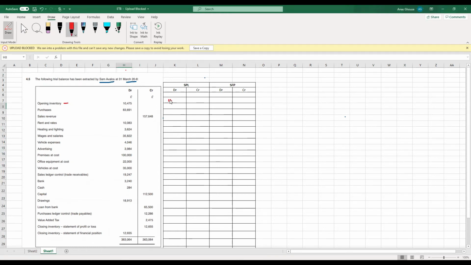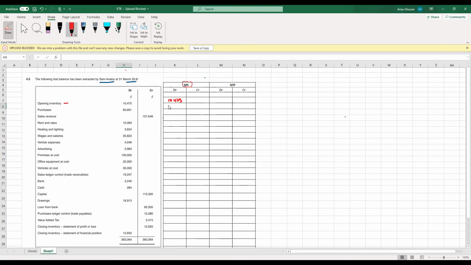So 10,475. Okay, then this will not be reflected in the statement of financial position. Next one, purchases. It's an expense. Expenses will be a debit balance and it will be reflected in the statement of profit or loss.